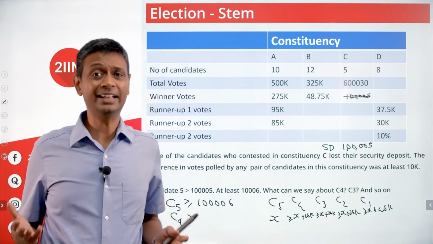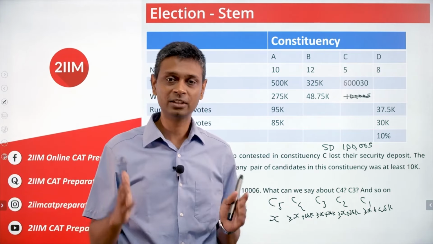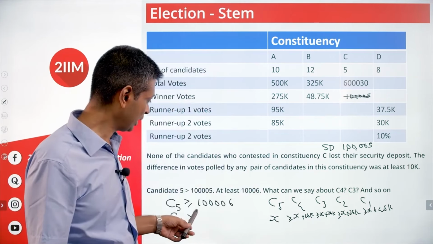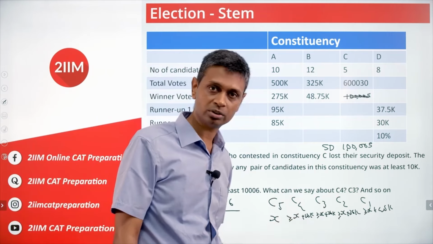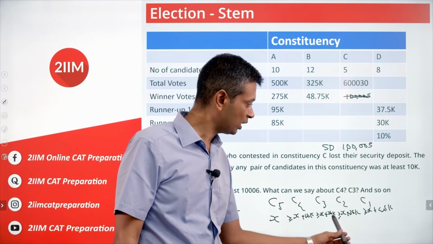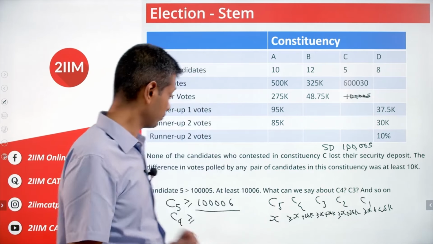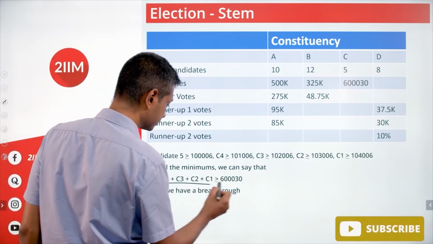My gut feel is we'll end up having a very narrow range for X, because X has to be more than 1,06,000. This has to be more than 1,06,000 plus 10,000, 1,06,000 plus 20,000, 1,06,000 plus 30,000, 1,06,000 plus 40,000. Brilliant. So this will give us, basically, add all of them up.